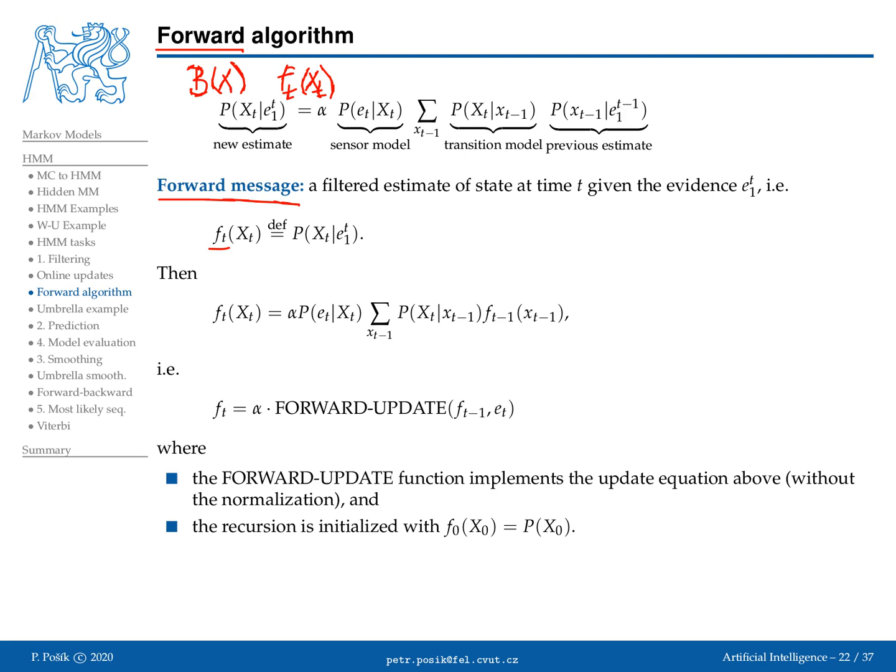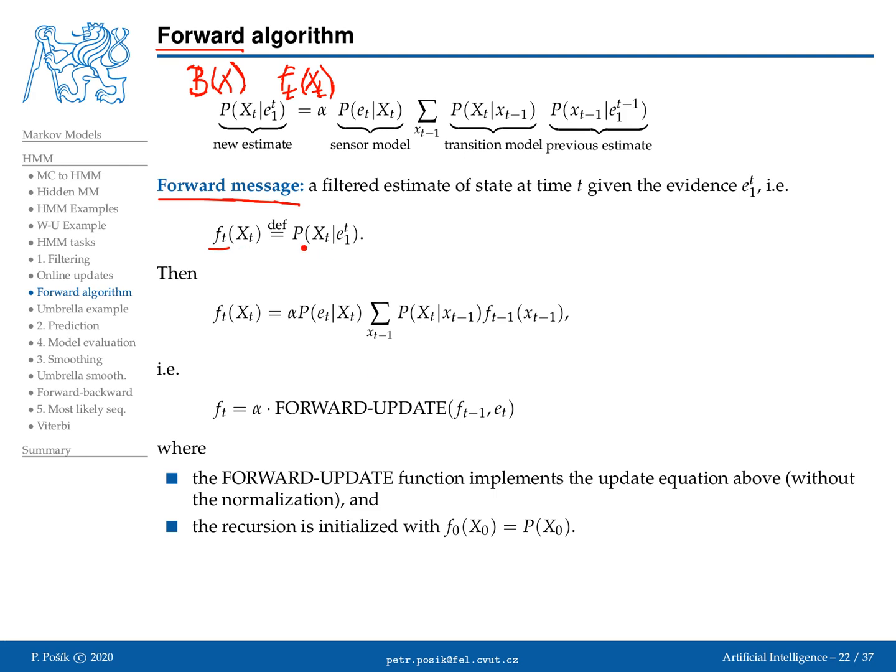It is a probability. It is also a belief, your current belief over the state at time t. And it is also a kind of message which is passed from one iteration to the other in the forward algorithm. That's why we use three names for the same thing. So don't be surprised if you find that they are the same. They really are the same.